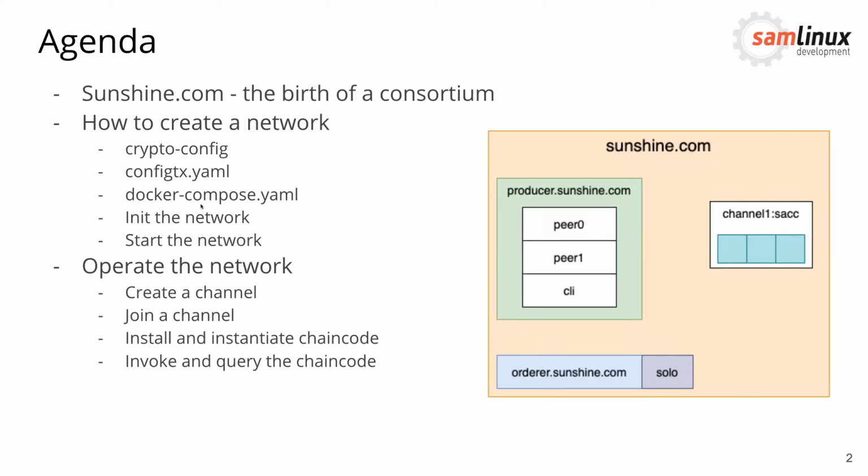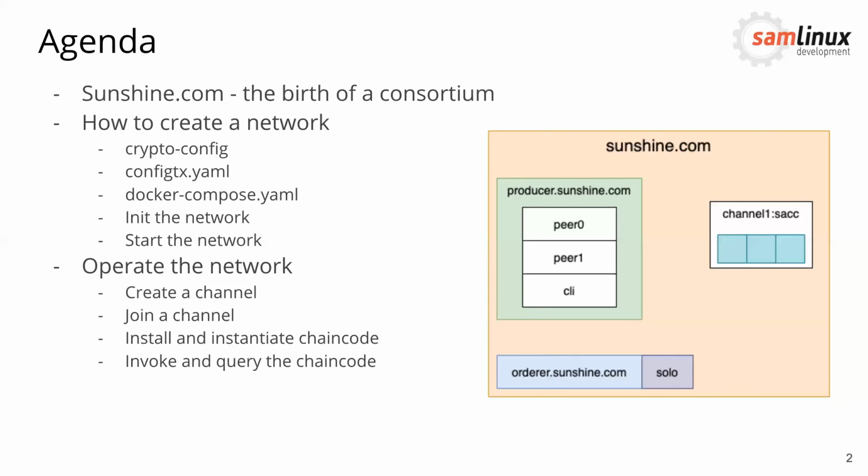All these elements are created with Docker containers, and to organize these Docker containers, Docker Compose is used. You will see how we can create these and what is needed to build this kind of network. Then we have to initialize the network.